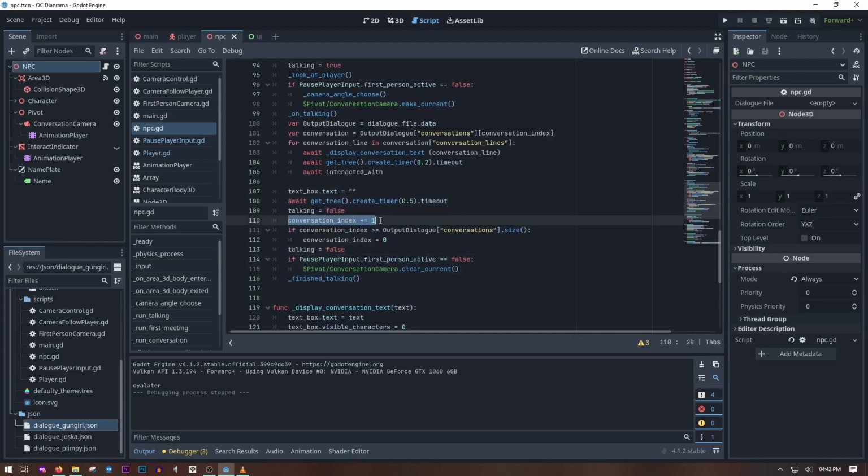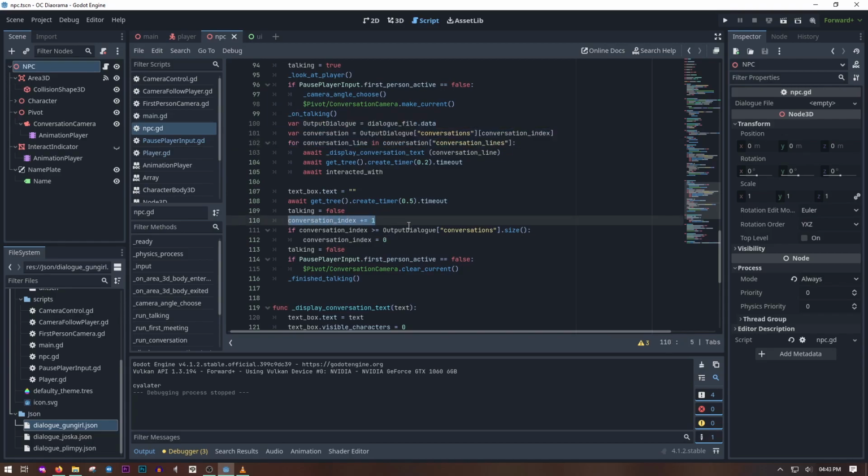Conversation index plus 1. If conversation index is larger than the size of the array of conversations, then we set it to 0. And if it's not the case, don't worry about it. So this is basically saying if after we've done a talk, we get to the end of the array of conversations, we set it back to 0 so that when we do it again, it'll choose the first one again and replay the first in the array, and then increment it again.